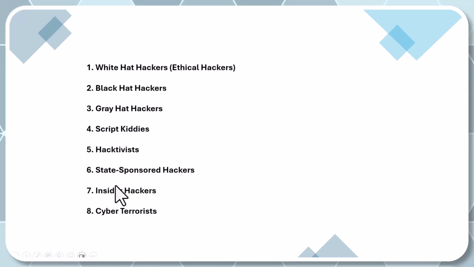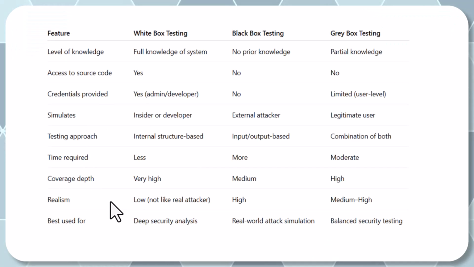Insider hackers are persons inside the company who are annoyed with the company and want to do harm to it. Cyber terrorists are a kind of black hat hacker. They also want to steal your data, sell your data, and earn money.